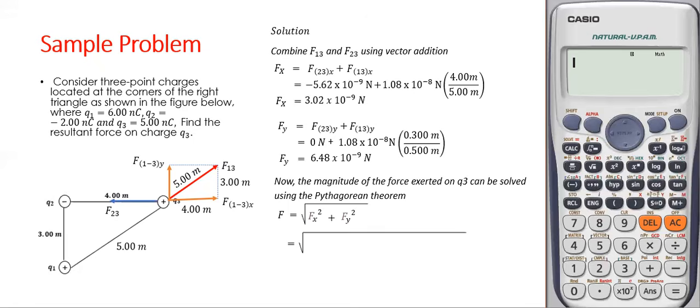We have square root of 3.02 times 10 raised to negative 9 Newton squared plus 6.48 times 10 raised to negative 9 Newton squared. So the magnitude of resultant force on charge Q3 is equal to 7.15 times 10 raised to negative 9 Newton.